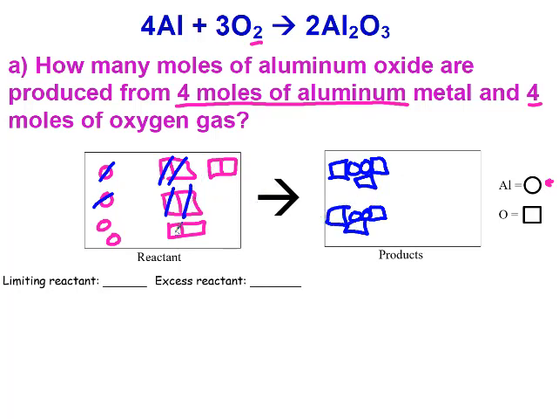So another square, square, square, and 2 circles. So yes, my aluminum is now ran out, so my aluminum was my limiting reactant. And then this is excess, so I should draw that in the product container as well. Make sure that you're bringing over your excess reagent.